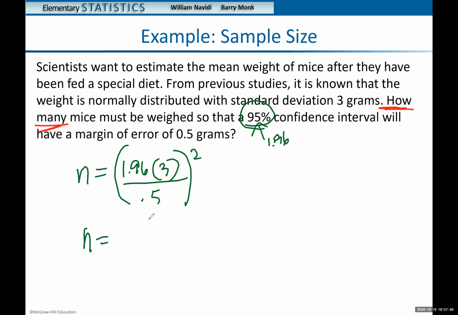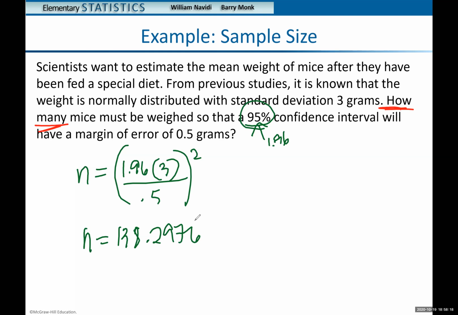What is the answer here? 1.96 times 3 divided by 0.5, squared. So you get 138.2976.